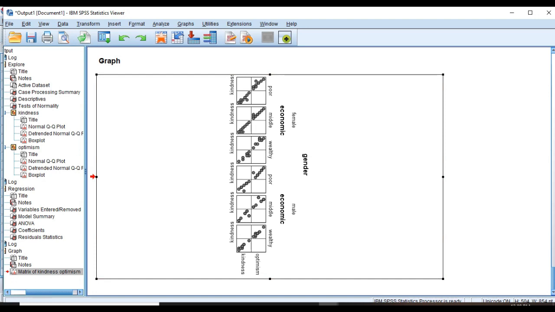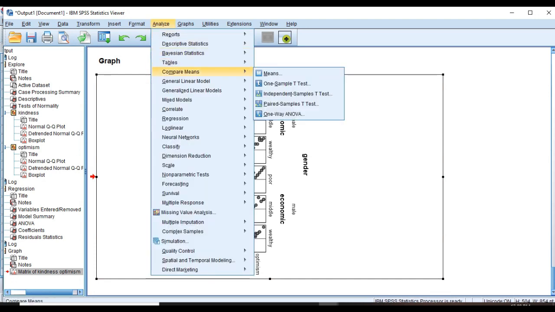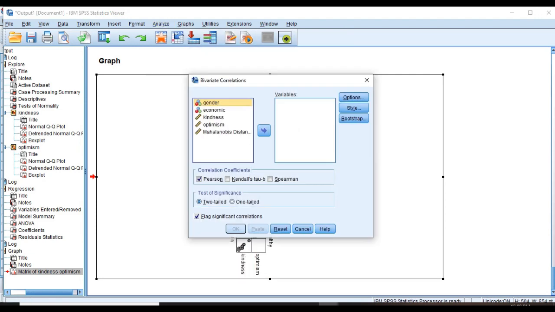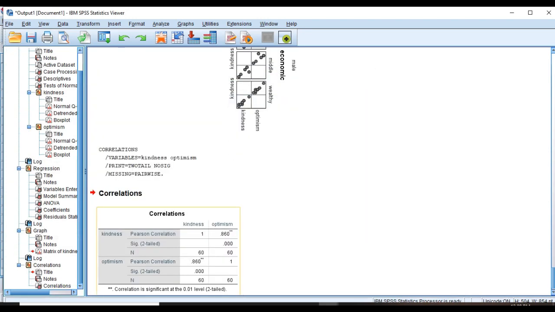So move forward to the fourth assumption, which is the test for multicollinearity. Go to Analyze, Correlate, and Bivariate. Now move kindness and optimism into Variables, and then click OK.